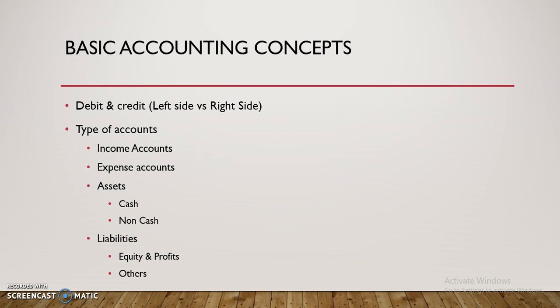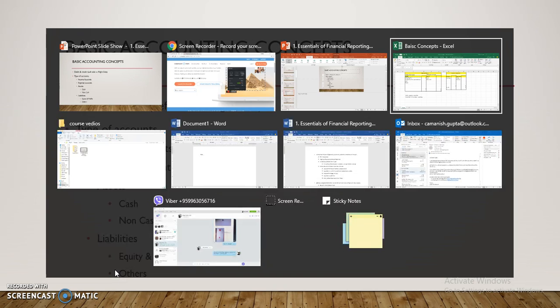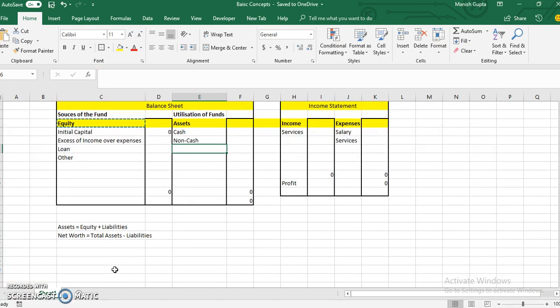So let's look in detail, step by step, at building these and seeing them in action. We talked about four types of accounts: equity, assets, income and expenses. Income and expenses are part of the income statement. Assets and equity or liabilities are part of the balance sheet.